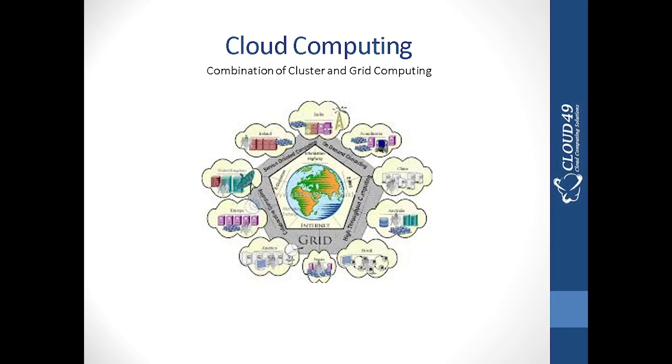If we connect all these clusters and grids, this combination is what we call cloud computing. I think you got it. In this picture, you can see multiple cluster servers and multiple grid computers, and the combination of all these is what we call cloud computing.